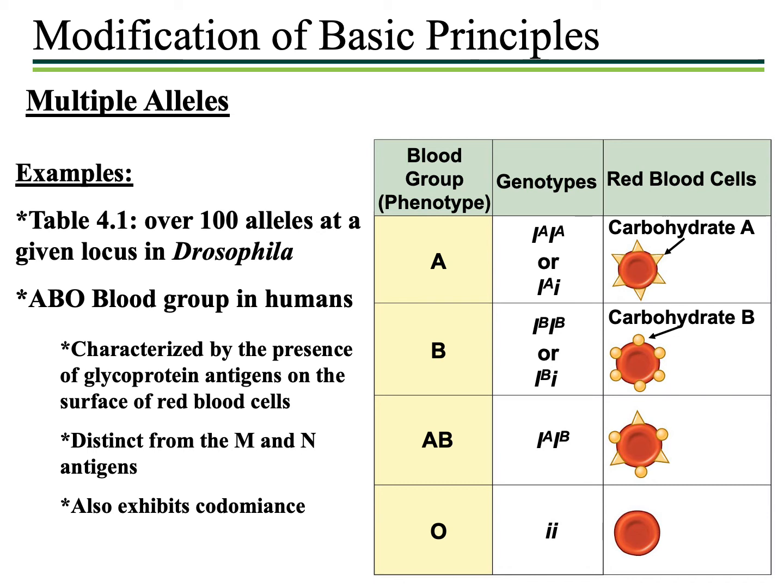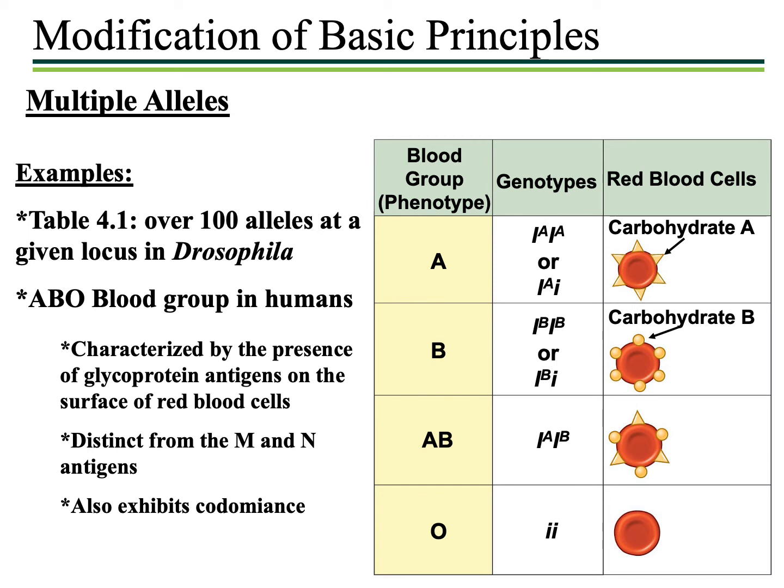In the first row, you have homozygous A. Those individuals would have the A form of the protein on the surface of their red blood cell, and their blood type would be type A. But for individuals that are heterozygous AO, I apologize here too, unfortunately for the blood typing, the conventional nomenclature changes a little bit. Here they use the lowercase i for the recessive O allele, rather than what I would use, the capital letter I with a superscript O. But that's the convention for this particular example, unfortunately.